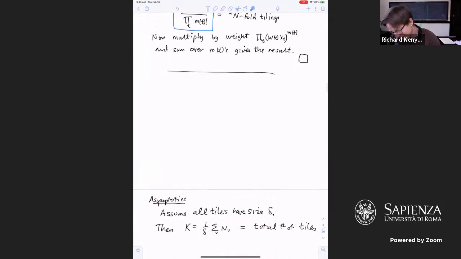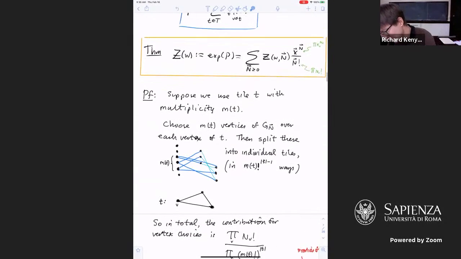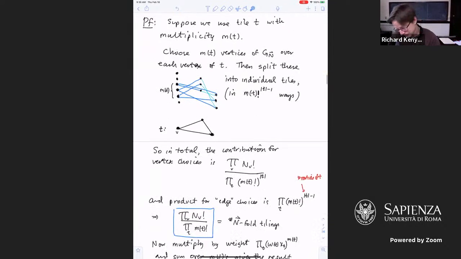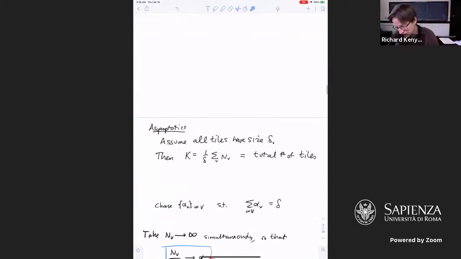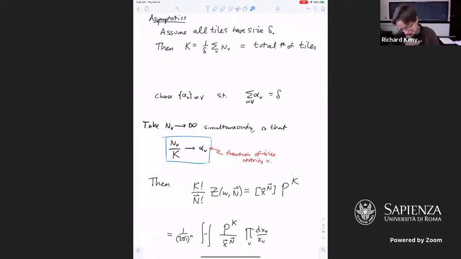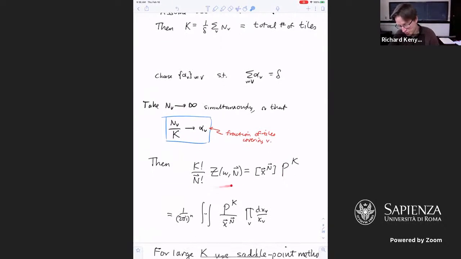This thing is of course the sum of p to the k over k factorial, and this p to the k term corresponds to tilings which use exactly k tiles. And if all the tiles have the same size, then we know what k is ahead of time, so we don't have to deal with the exponent function. We can just take the p to the k itself and extract the appropriate coefficient to get the thing we want.